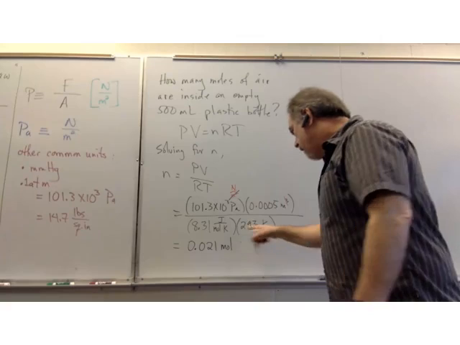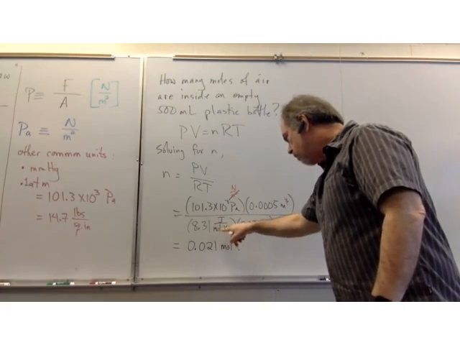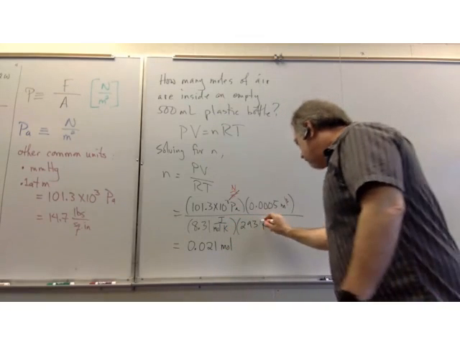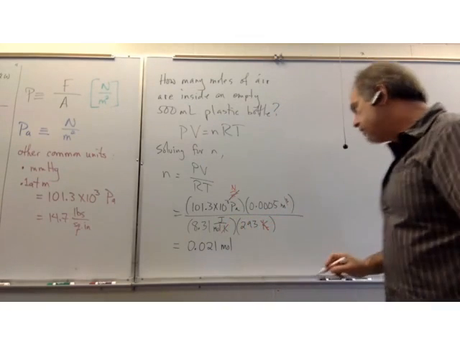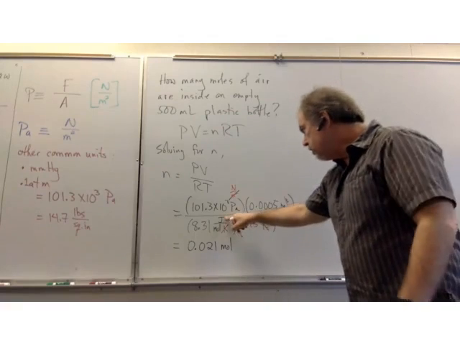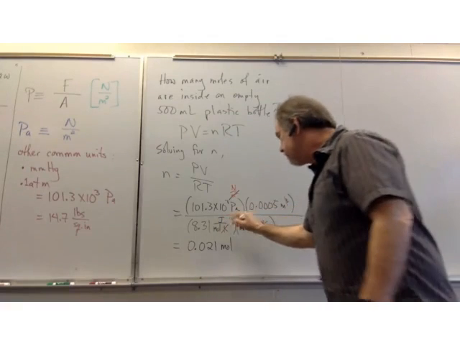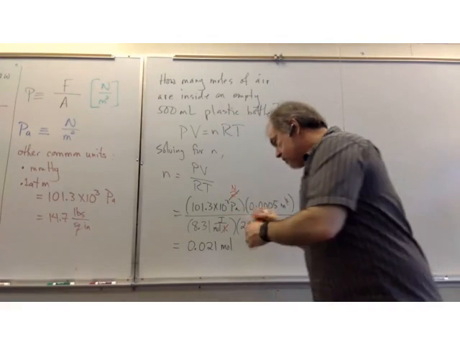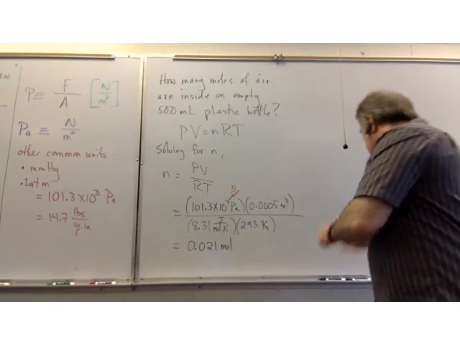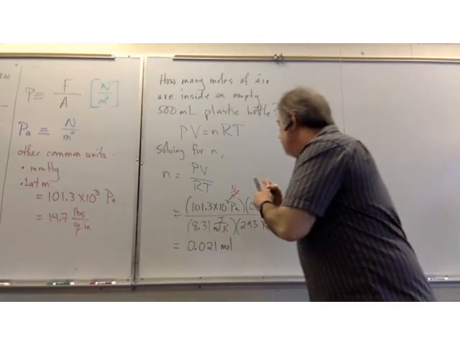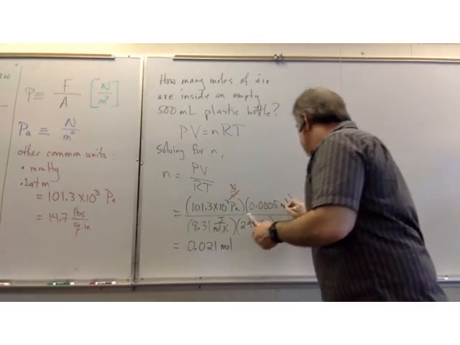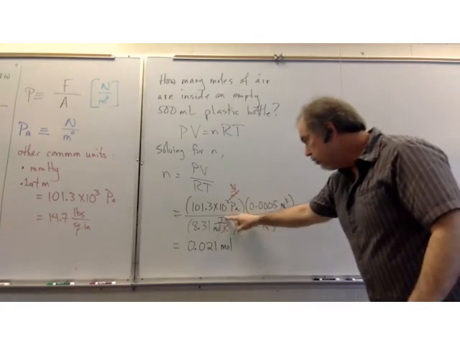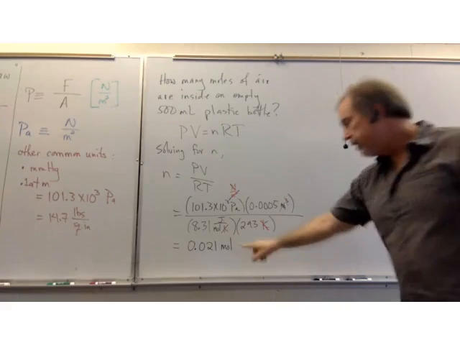On the bottom, we have joules over mole per Kelvin. Kelvin in the denominator here, Kelvin in the numerator there, so those divide out. A joule is a Newton times a meter, so the joules divide out with the Newton times meter. And so we're left with 1 over moles. Sure enough, we end up with moles.